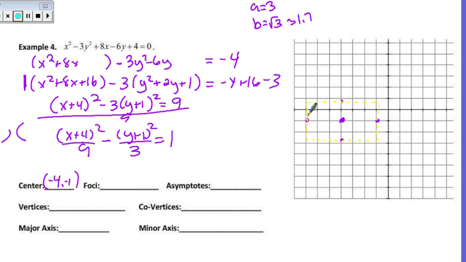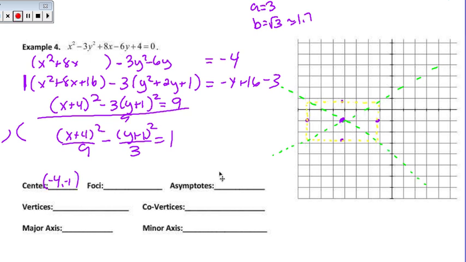So if I think about what our asymptotes are here, again, I need to get those lines in. That's going to help us to guide what our hyperbola looks like. Again, since they're asymptotes, I prefer they be dotted. So I need to get the equation. We're going to use our center point here.